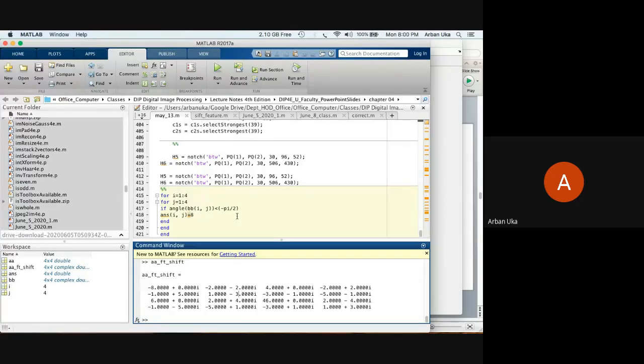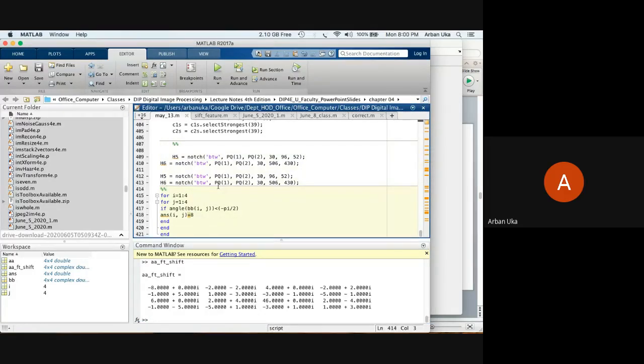We can build up an assignment based on the data sets that you're going to prepare. Okay, so these are some important aspects of the Fourier transform, which is a tool, a very useful one.